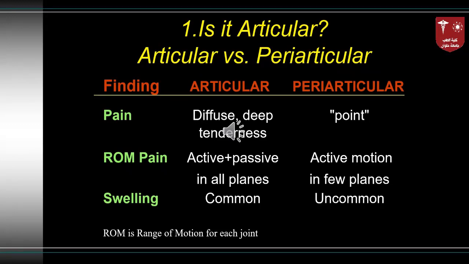On clinical basis, in the articular involvement, the pain is diffuse, and the patient feels that the pain comes from deep tissue, and of course there is deep tenderness. On the other hand, in the periarticular, the patient does not feel a diffuse pain, but he can point to the painful point with his finger.